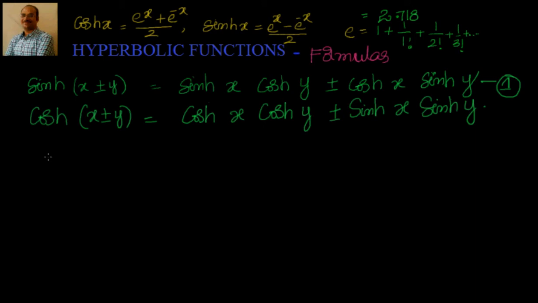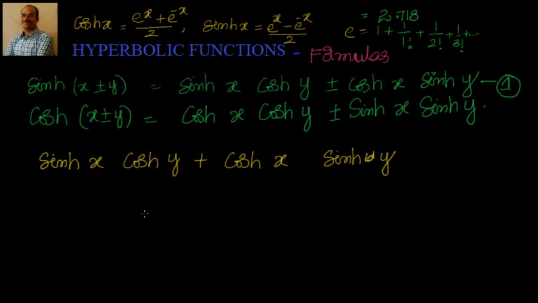I have to prove, I will note it down as it is, sinh x cosh y plus cosh x sinh y. This is what I have on the right hand side.